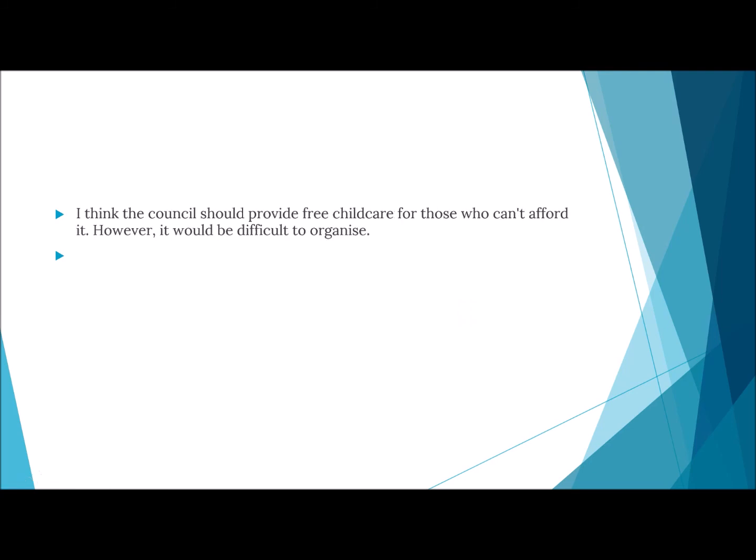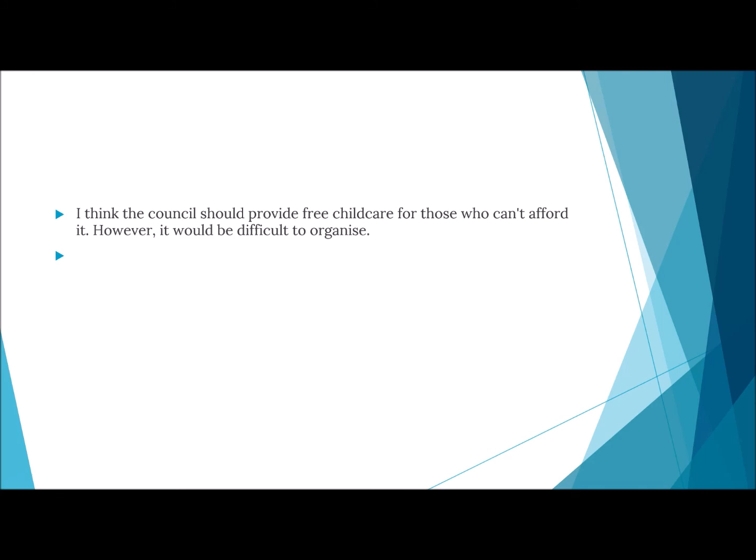I think the council should provide free childcare for those who can't afford it. However, it would be difficult to organise. What do you think about that one? So I think here it's a bit of a mixed picture.